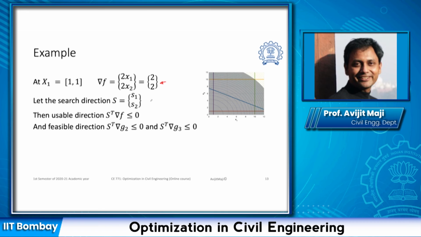And if I choose any direction where both are positive, then this is going to be positive, and any positive S1 and positive S2, which represent S, is going to yield this component as positive, which is not going to satisfy this condition.